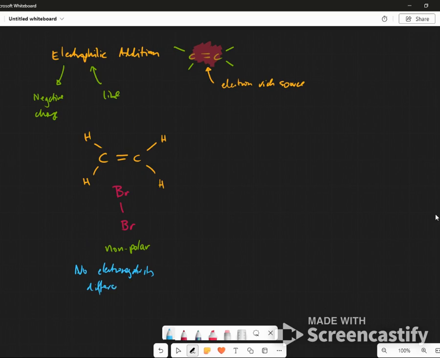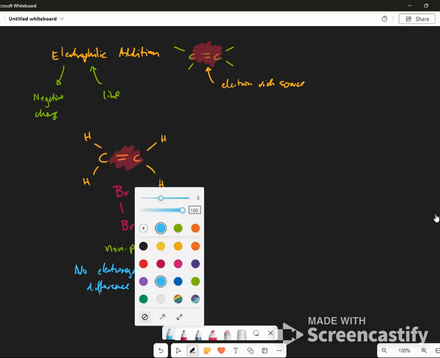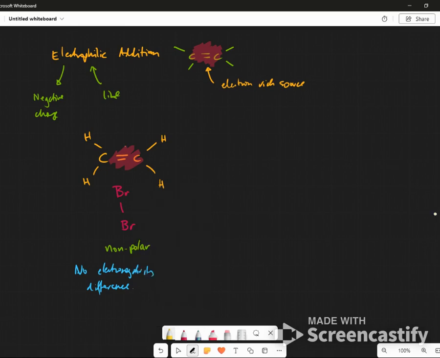So it's non-polar. But as it creeps up to this area of negativeness here, the electrons on the bromine will be scared away to the other half of the molecule. Because this area is negative, there's a lot of electrons there, the electrons in the bromine molecule will be scared away and they'll go to that side of the molecule, making this side positive.